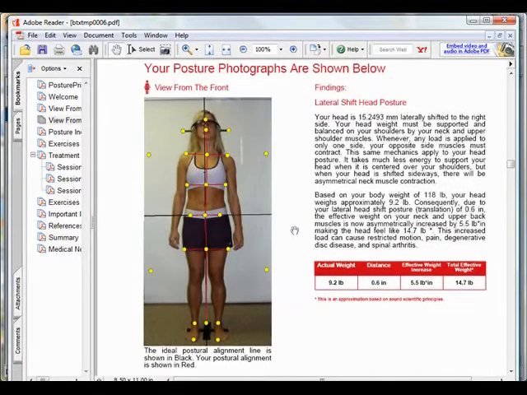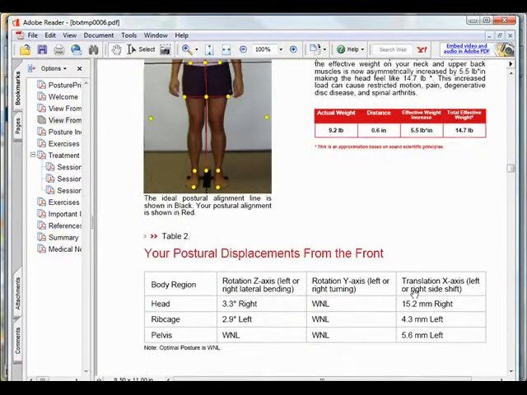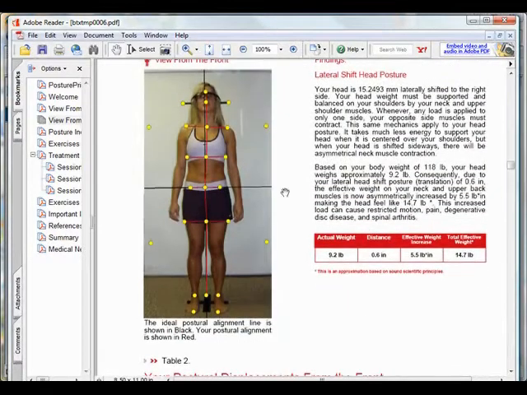So in this world of evidence-based medicine, this is something that you need to document, because when you're treating the patient, our goal of care is to improve the spinal structure. So you can see her head is translated to the right by 15.2 millimeters, and her rib cage is translated to the left by 4.3 millimeters. And you can see that visually in her posture.